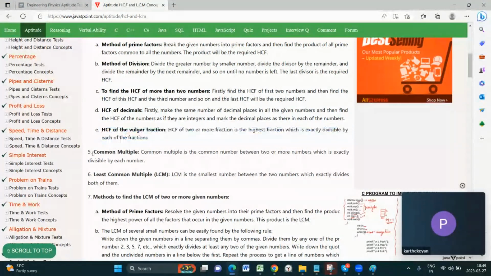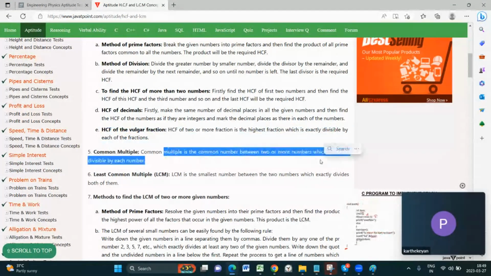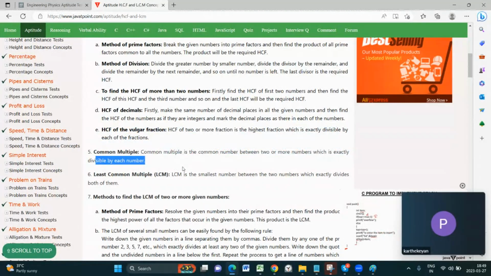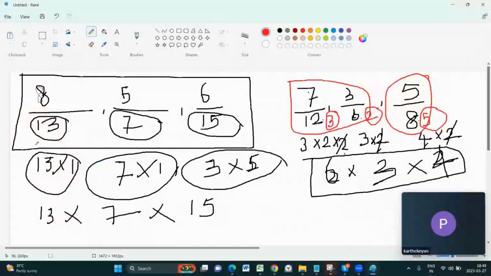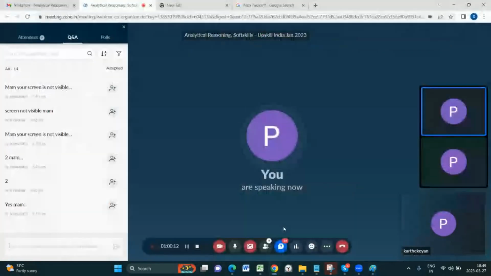Common multiple is a number which is exactly divisible by each number. So when we come here, 13, 7 and 15: what is the common multiple? Can you tell me 13 into 7 into 15? What is the value?